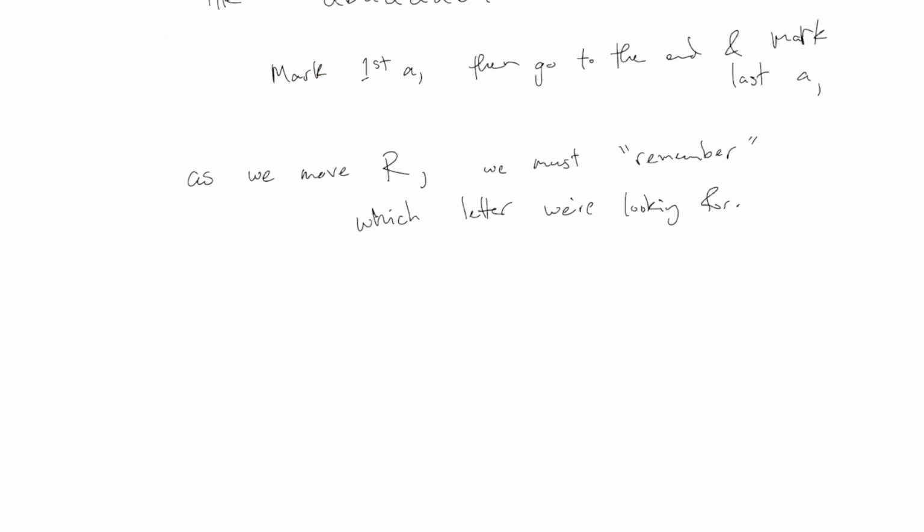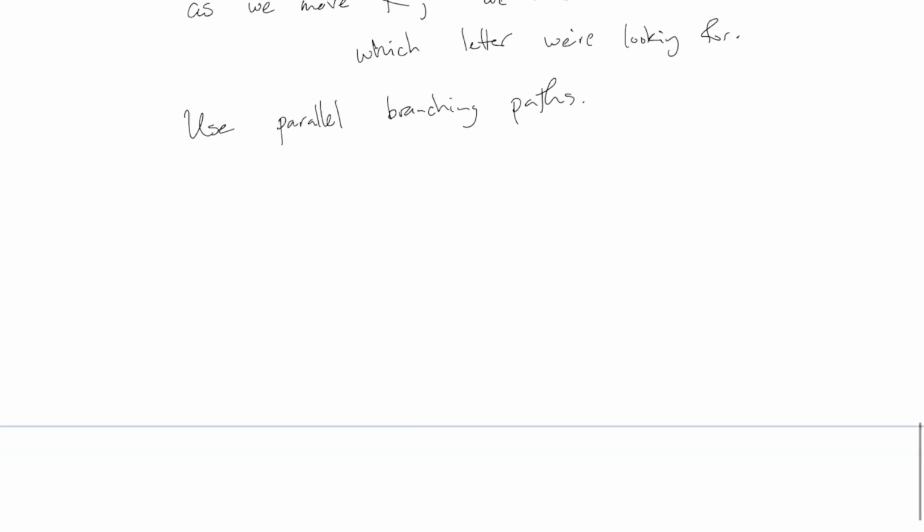And the way we do this is I'll call this sort of parallel branching paths. All right. And so here's the sort of large-scale structure of this machine.